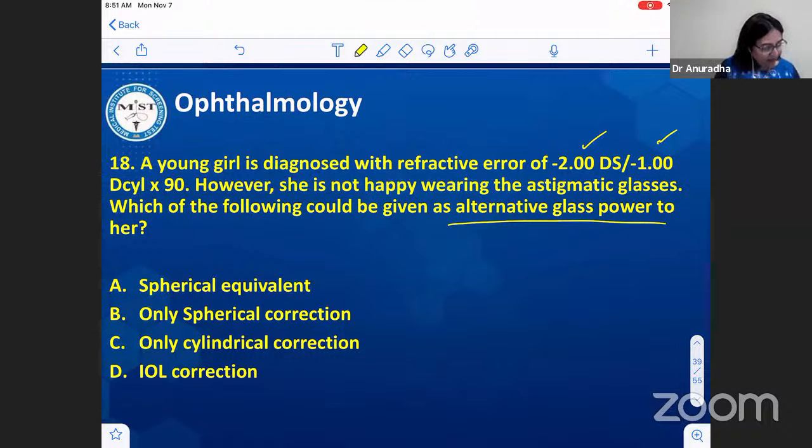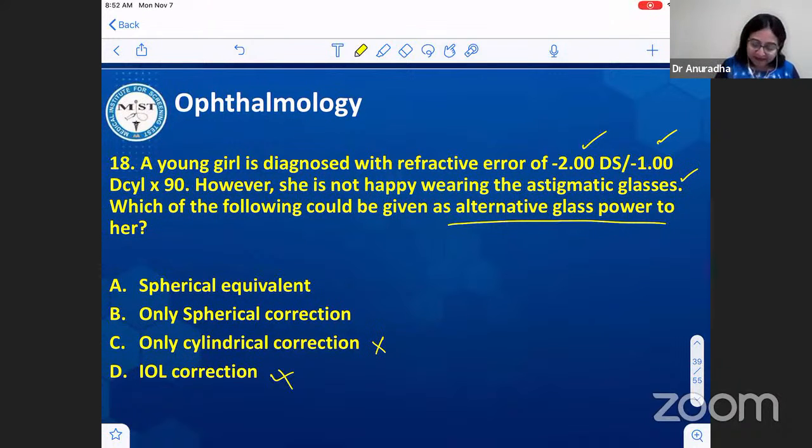Okay, so I think there is some doubt here, beta. See, the patient has a normal refractive error but some cylindrical power. Why do you want to change her lens? Intraocular lens correction means that you want to do cataract surgery for her. Why would I do cataract surgery for her? Only cylindrical correction does not make sense because she does not want to wear the astigmatic glasses.